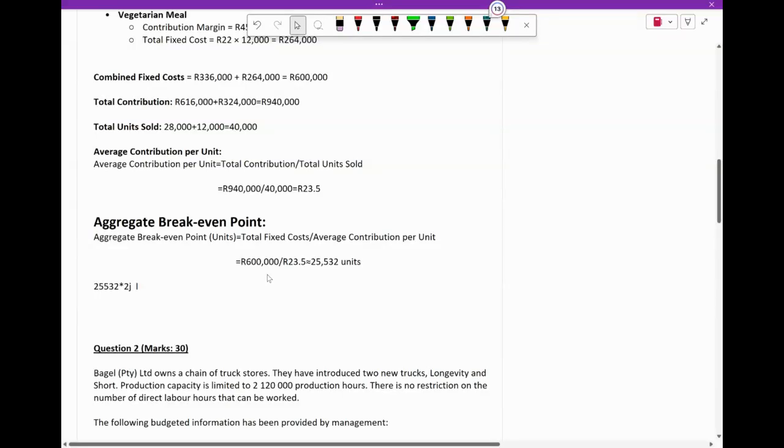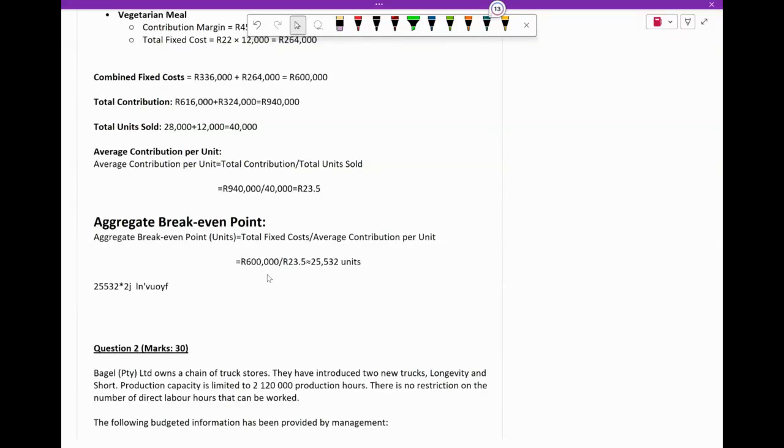So, what do you guys get when you times the 25,532 times your 23.5, our average contribution per unit?